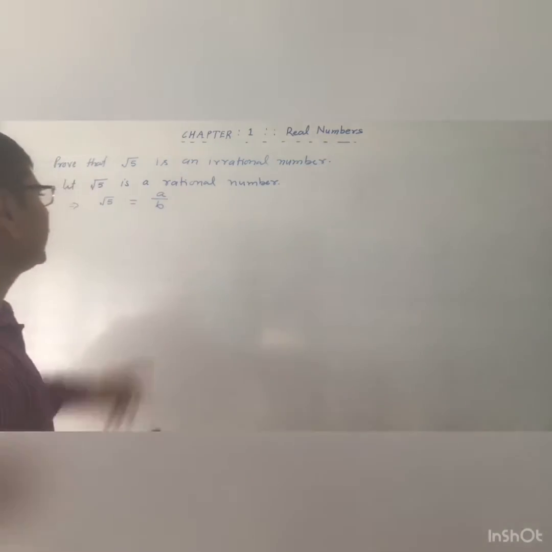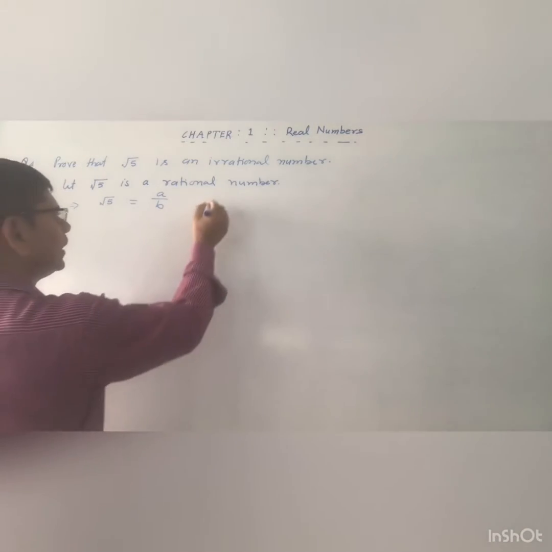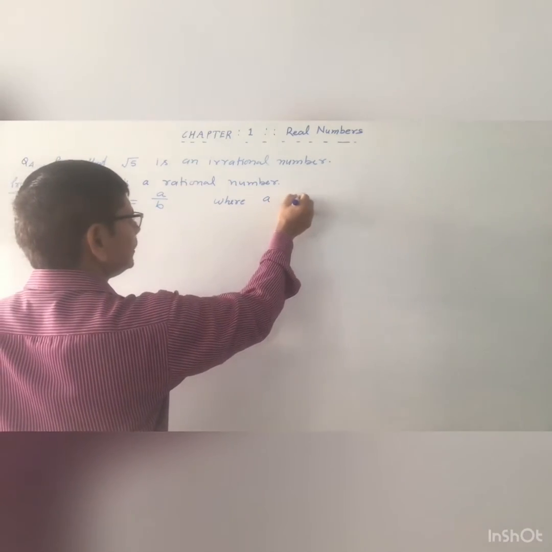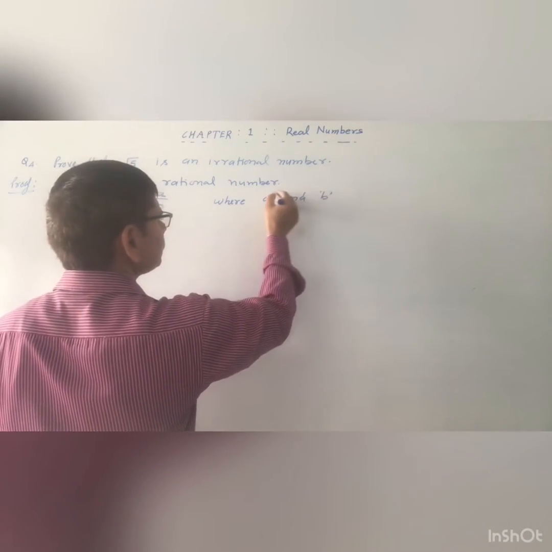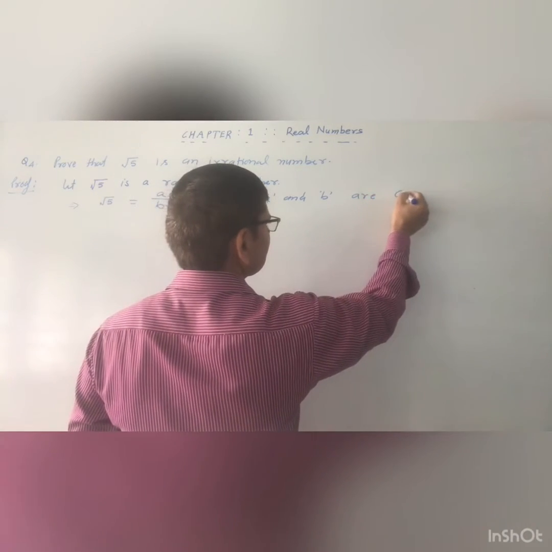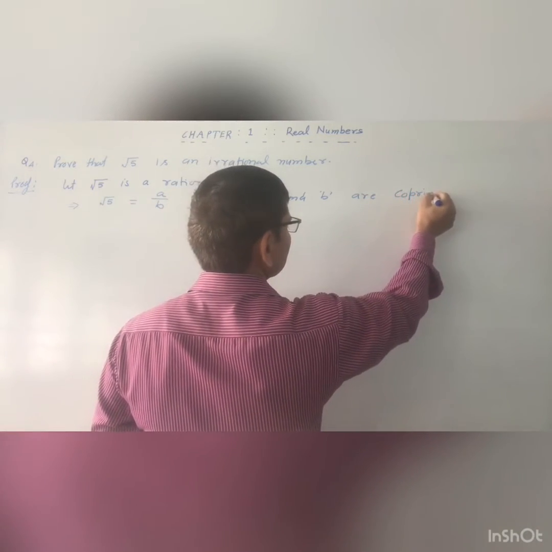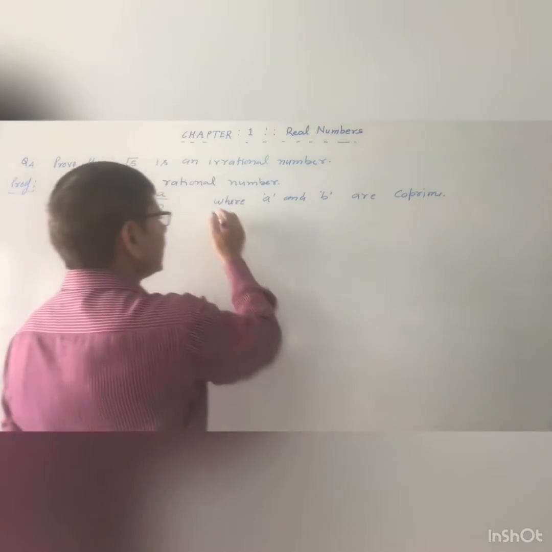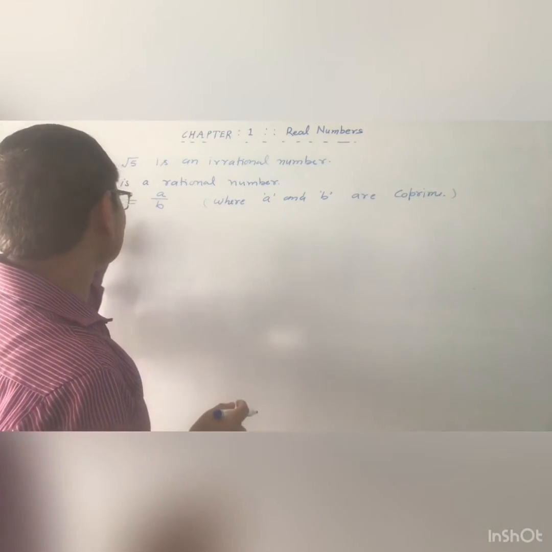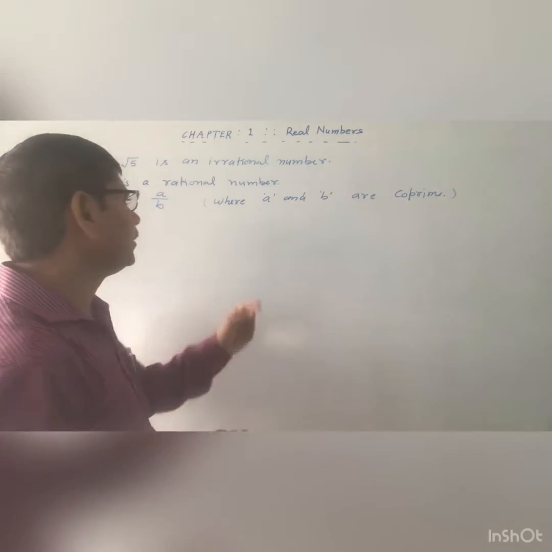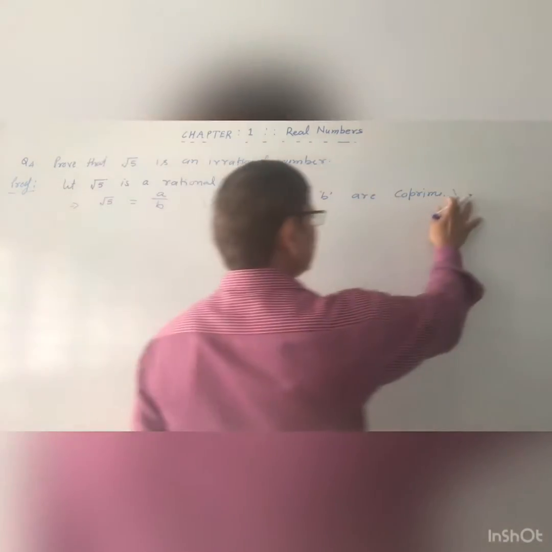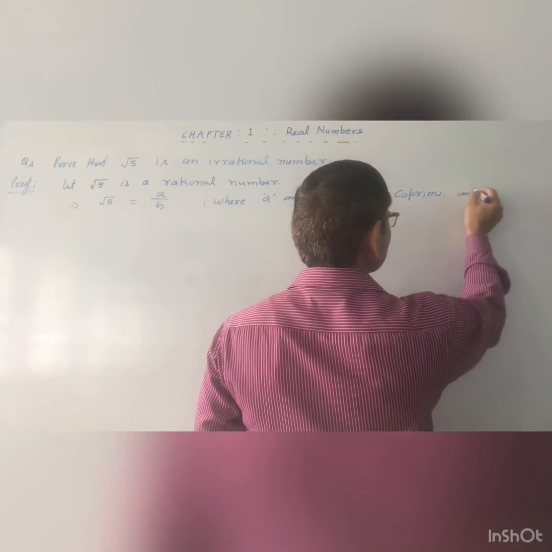So we will write here a and b, where a and b are co-prime. This is the most important step. That is, root 5 equal to a by b, where a and b are co-prime and b is not equal to 0.